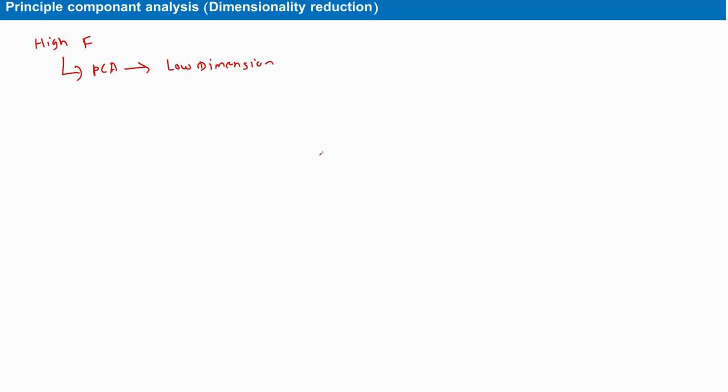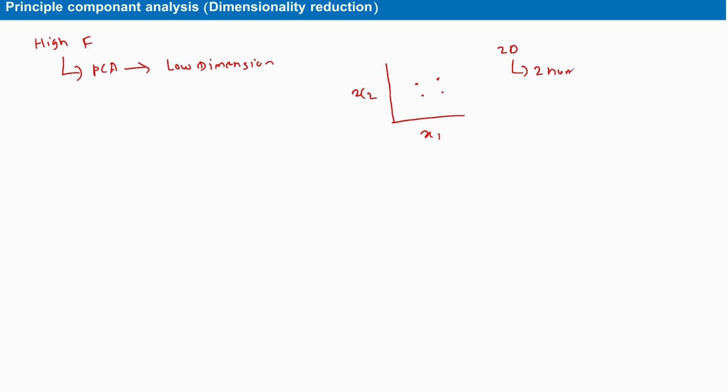So here I will take one example. Suppose you have data points, and they have two features, x1 and x2. So I can say, to represent the data point, for example this, you have two dimensions, the 2D data point. In order to represent each data point, you need two numbers.